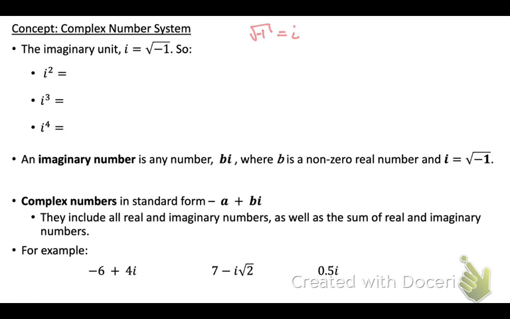Well, i squared would be the square root of negative 1 squared, wouldn't it? What happens when you square a square root? Don't you get what's inside? Yeah, so the answer is what? Negative 1.